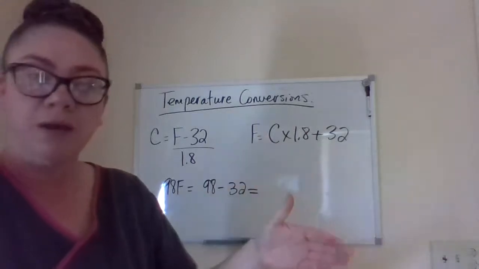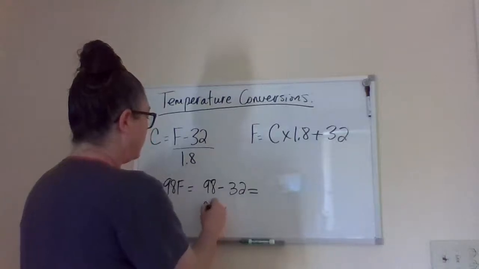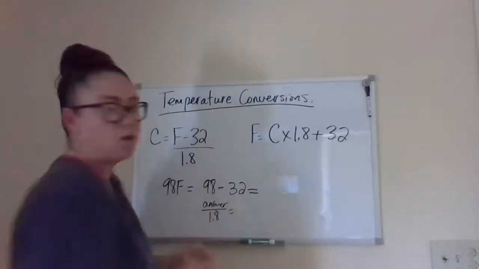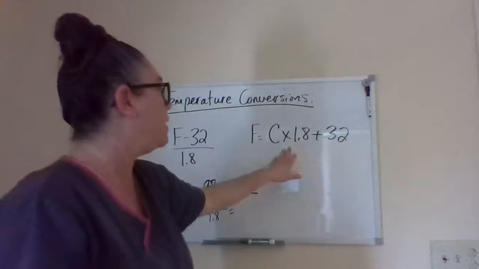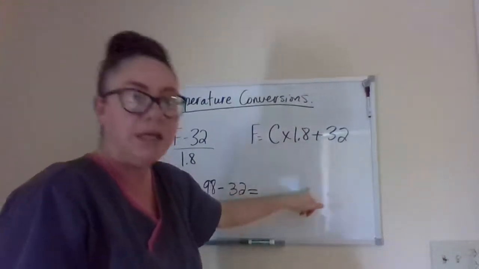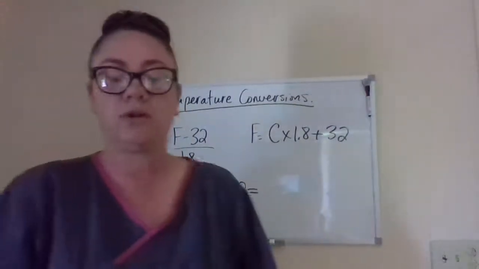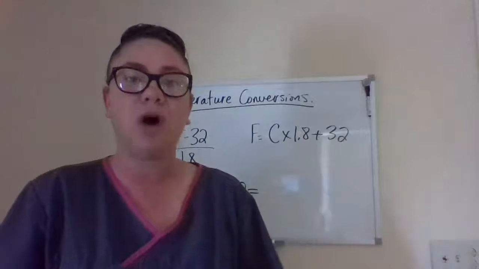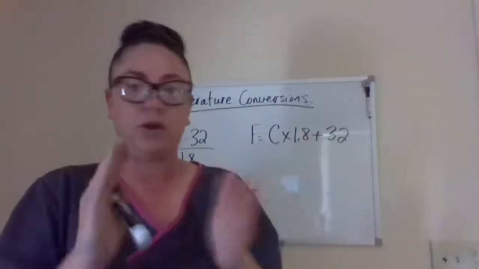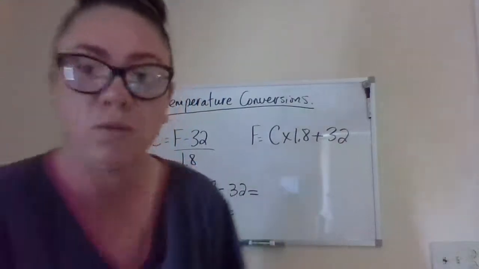Then you're going to leave that number there and divide your answer by 1.8, and then total it out. Same thing here: your Celsius number, so 2 times 1.8 equals, then add the 32. I want to make sure you understand that concept, because your calculators can't do that consecutive movement and your answer is going to be wrong.